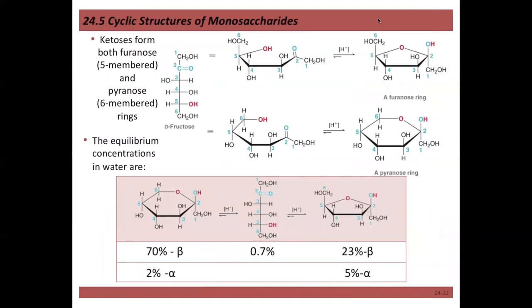Okay, so like I said, in nature, they tend to be in their cyclic forms. So if we have D-fructose, and we go and say, what does it exist as in nature? We've got two different possibilities for fructose: a furanose form and a pyranose form. Well, that's not the only possibilities we have.